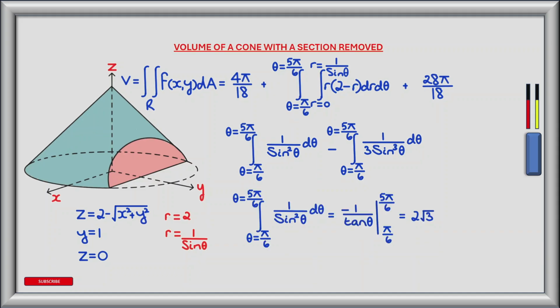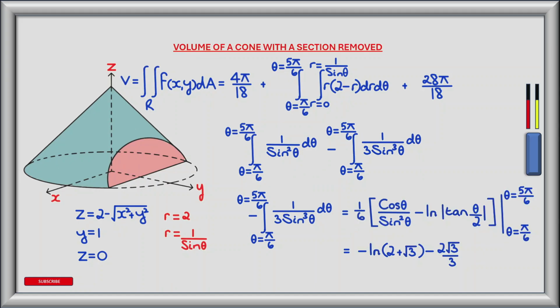Starting with the first of these, the integral of 1 over sine squared theta d theta is minus 1 over tan theta, and we need to evaluate this between pi by 6 and 5 pi by 6, and this yields a result of 2 multiplied by the square root of 3. If you'd like to know how to integrate 1 over sine squared theta d theta, please see this video.